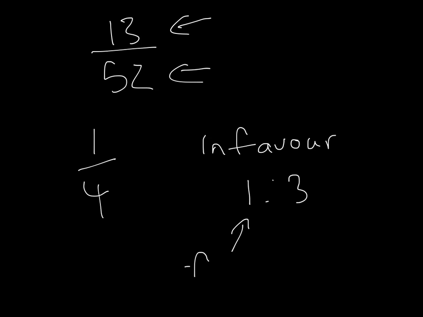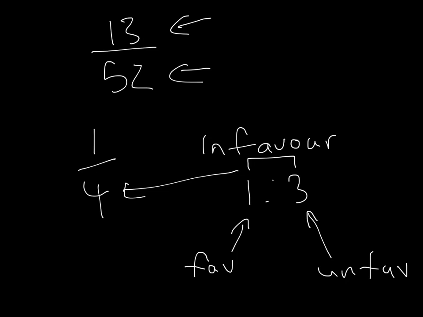These are our favorable outcomes. These are unfavorable. And you can see if you add the two numbers for odds together, it gives you the total number for probability. So do you see how this would help you jump back and forth from probability to odds and from odds to probability? Hopefully, because we're going to do this.